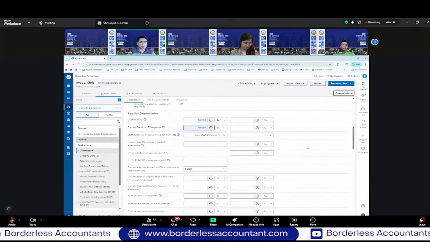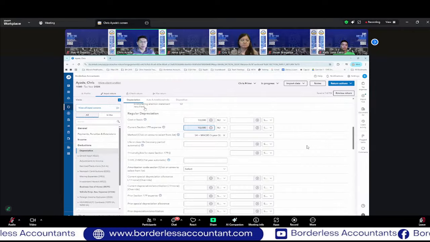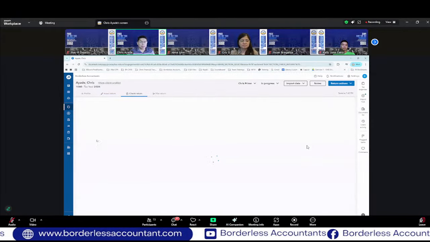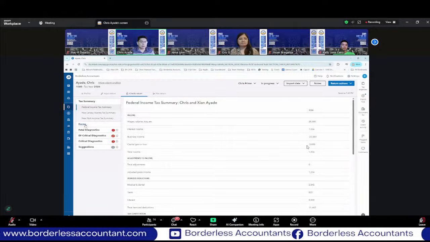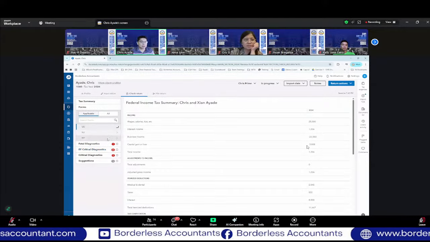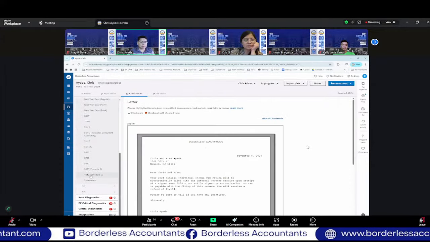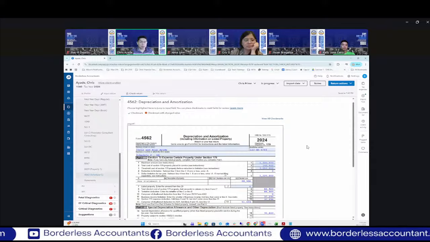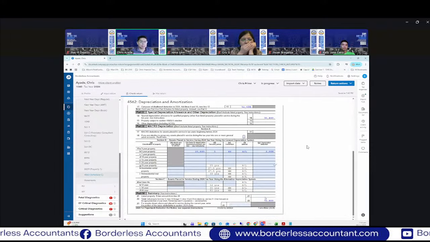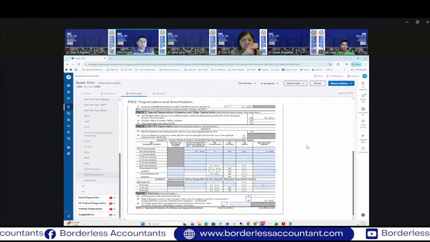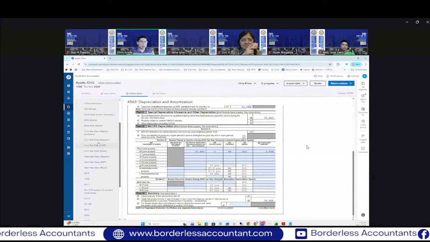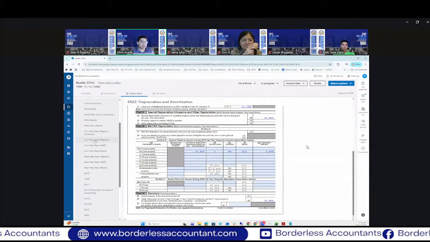Okay, so here, if you go to check return, doon sa quiz natin earlier na mention yung form 4562, right? So form 4562, that's this one. But it doesn't give you the detailed calculation, right? If you want to get the detailed calculation for the depreciation, just go here under current year depreciation, regular.